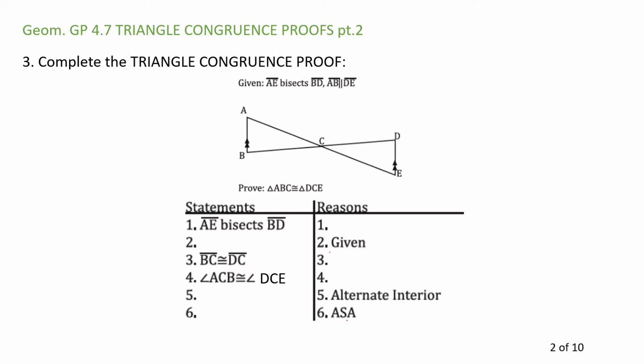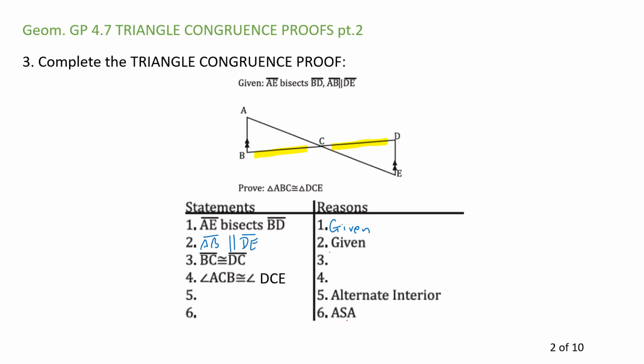AE bisects BD, that's given. Parallel lines, that's given. AB segment parallel to DE segment. Among the things they have told me already, I know that AE bisects, so I know that this is congruent to that.